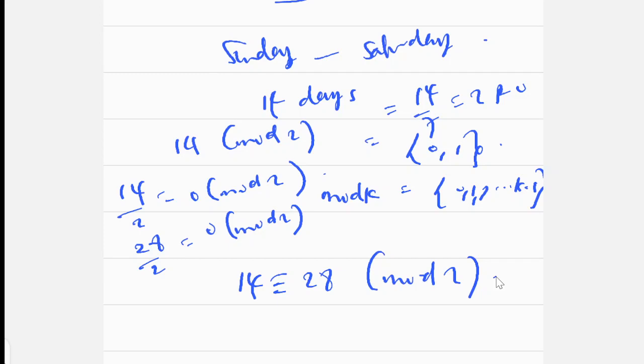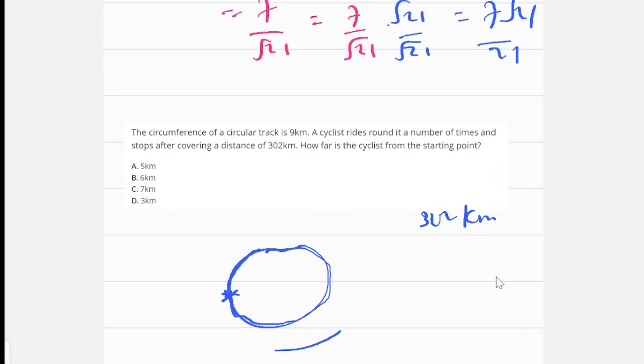But the question here is just an application of modular arithmetic. Since the circumference of that circular track is 9 kilometers, and a cyclist rounds it a number of times and stops after covering 302 kilometers, how far is the cyclist from the starting point?